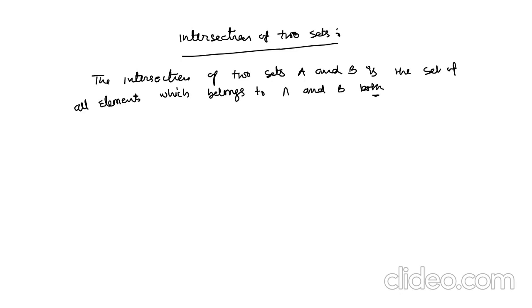In intersection, we take the set of all those elements which belong to A and B both.